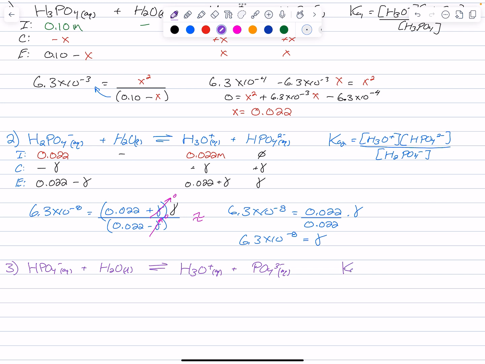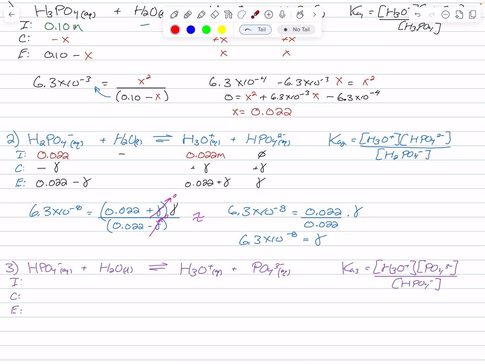So this Ka3 will be equal to hydronium, phosphate, all over hydrogen phosphate. All right. Ice table.